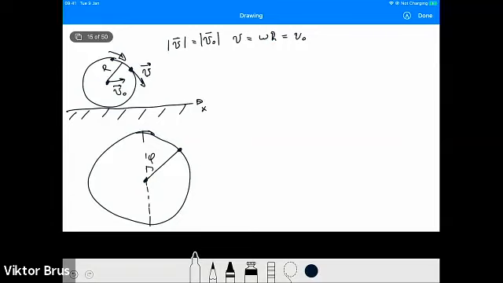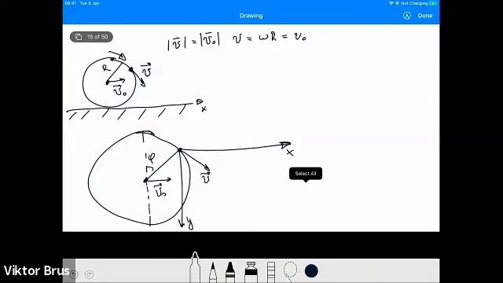And let's consider a system of coordinates which goes like this: y and x. So we have this vector v naught, and also we have a vector v.